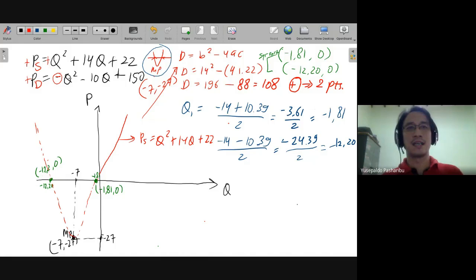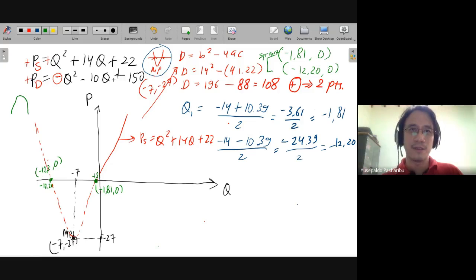This is different from the D. So the D must go down. Let's check the image that will appear for the second function. P, the price of demand, equals minus Q squared minus..., in the vertical form, so it will have an inverted U shape.